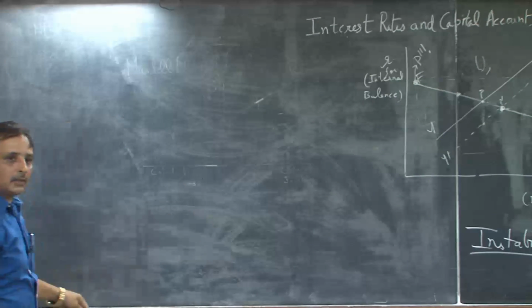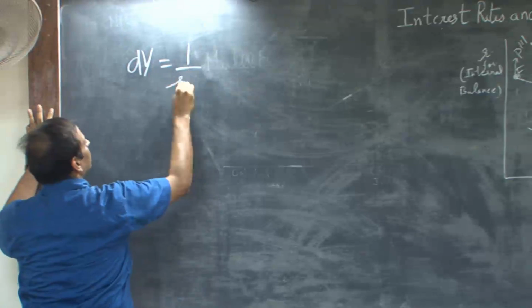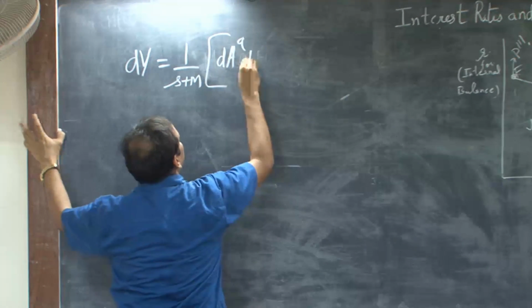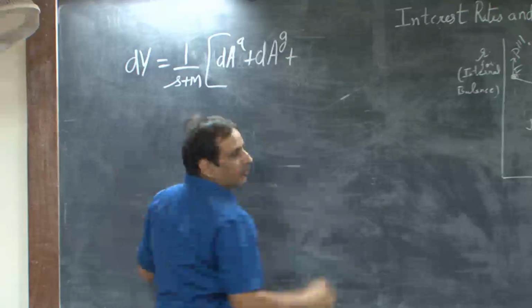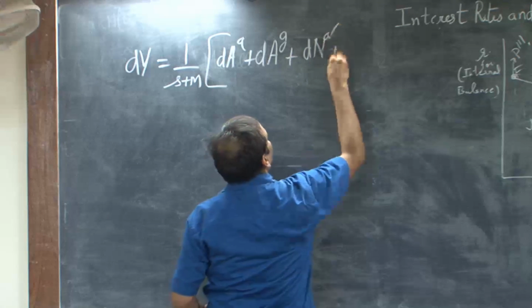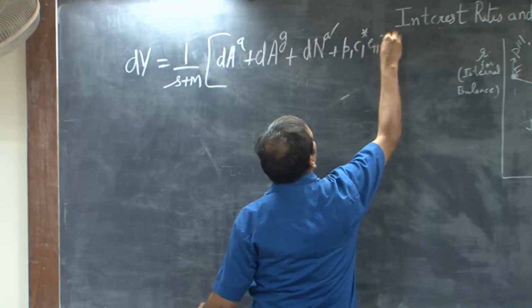So the equations are the same. dy is equal to 1 upon s plus m, daa plus dhe, and instead of dna you have dna dash plus p1 c1 star e pi pi dot.